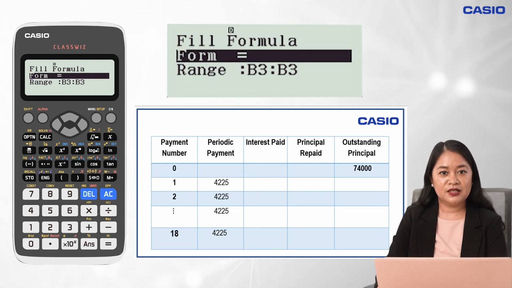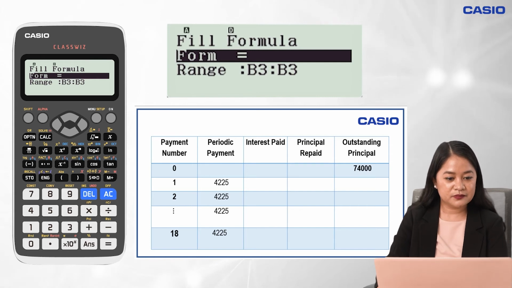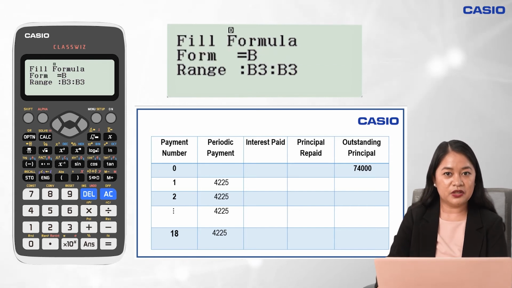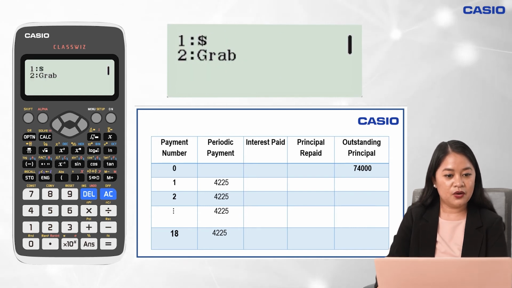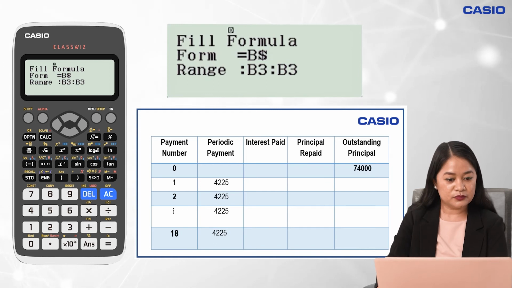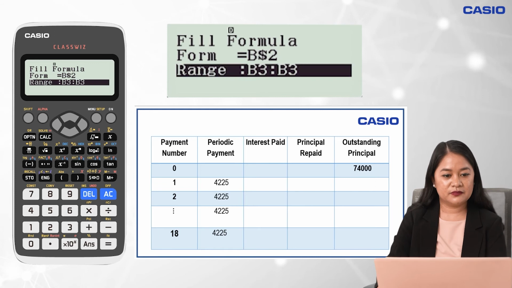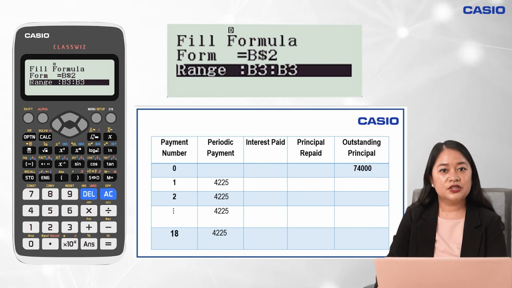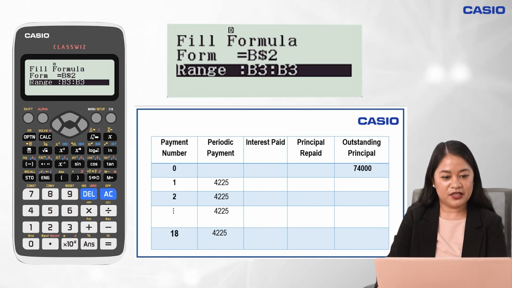That is, pressing alpha, DMS button, Option 1 and 2. Then we press the equal button. For the range, that is from B3 to B19. So just use the arrow key and delete button to change it. Then we press the equal sign button twice.